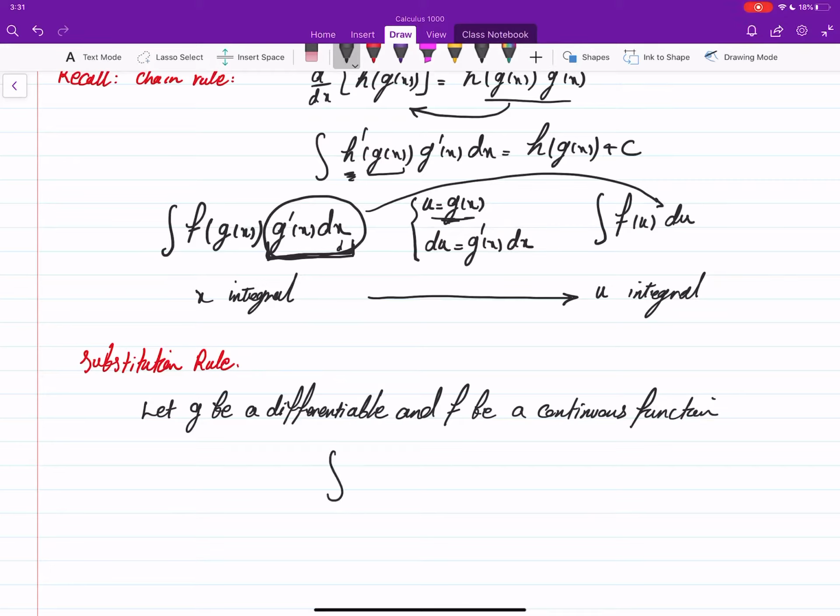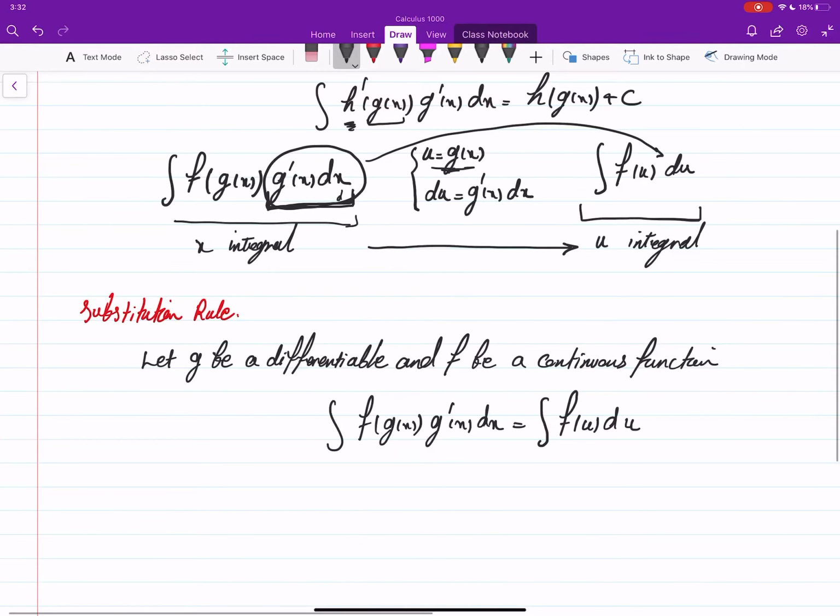Then the integral of f of g of x times g prime of x dx is equal to the integral of f of u du. In other words, the x integral, if you follow the instruction I just gave you, will be equal to this new u integral.